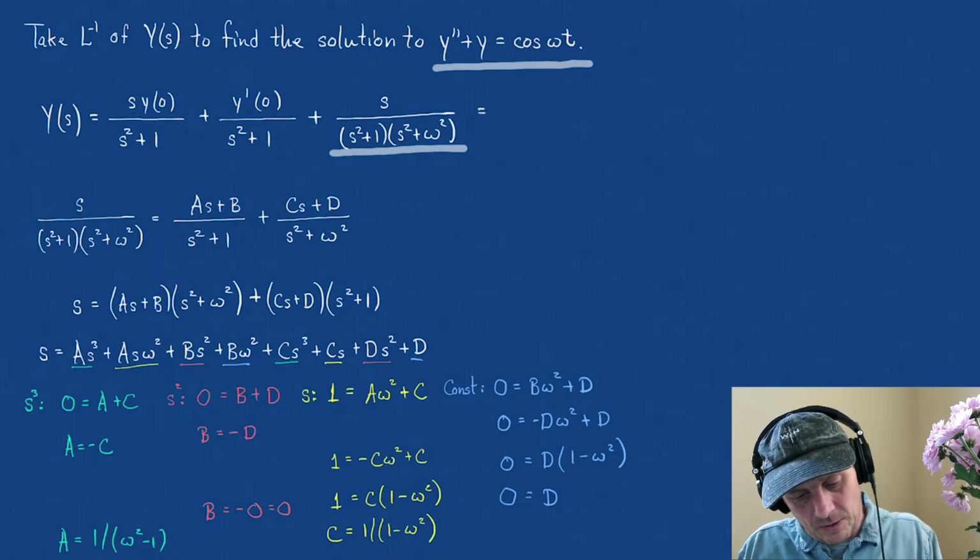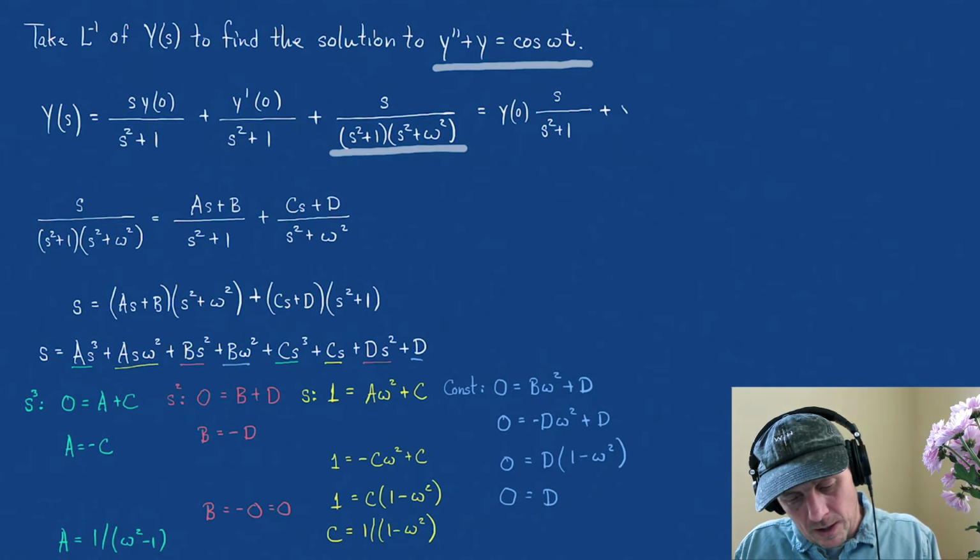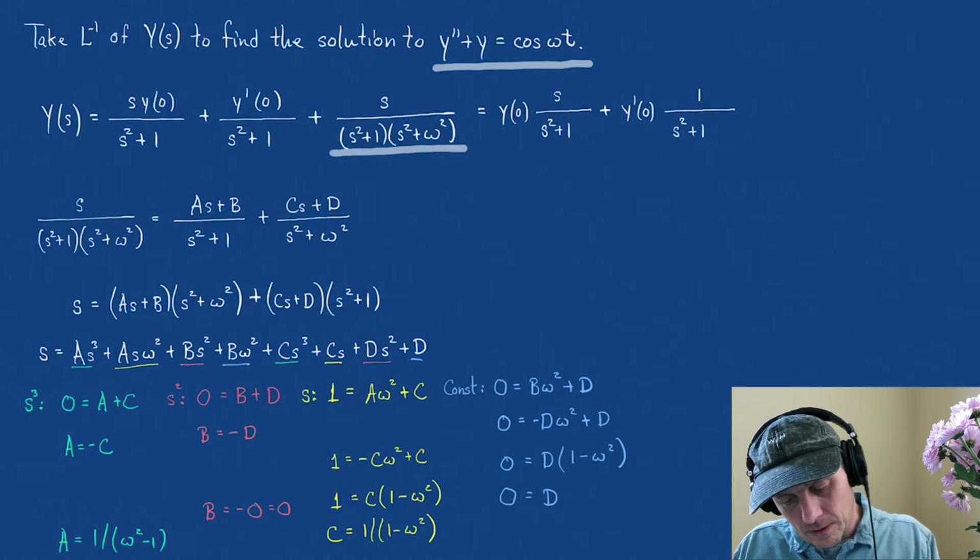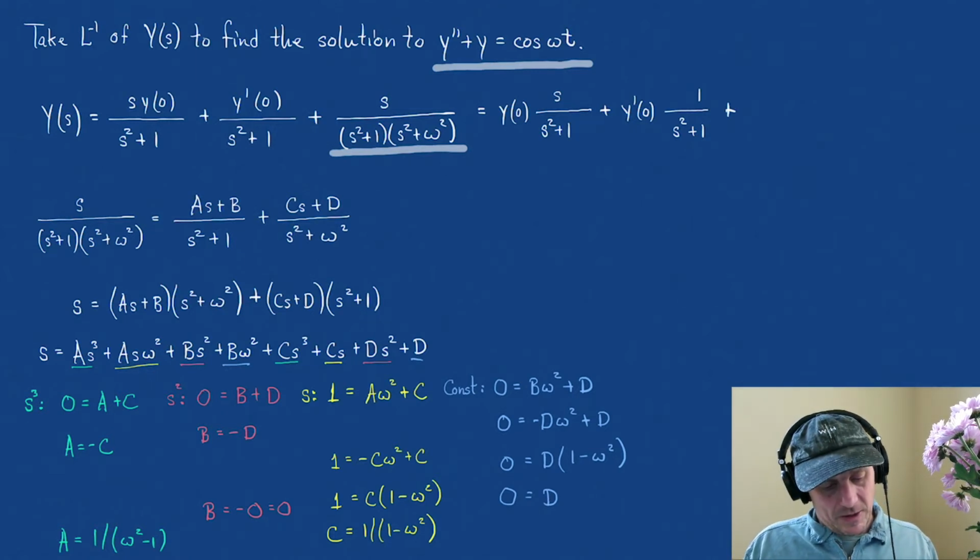This is now equal to y, I'm going to write it this way, y of 0, I'm going to write the constant out in front, y of 0 times s over s squared plus 1 plus y prime of 0 times 1 over s squared plus 1 plus, now this next one becomes the a term.